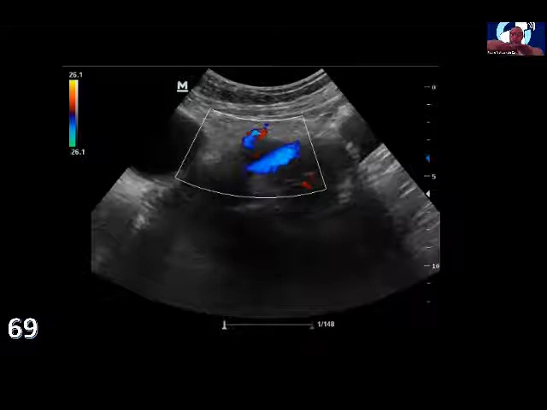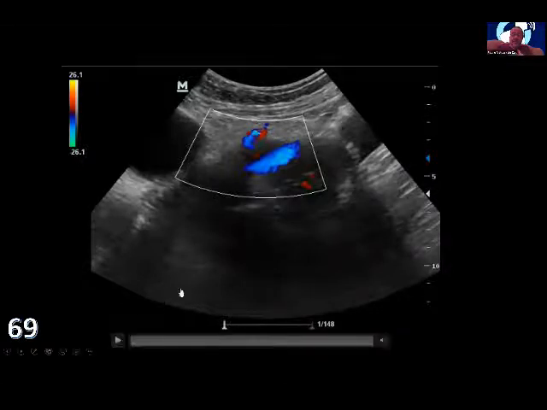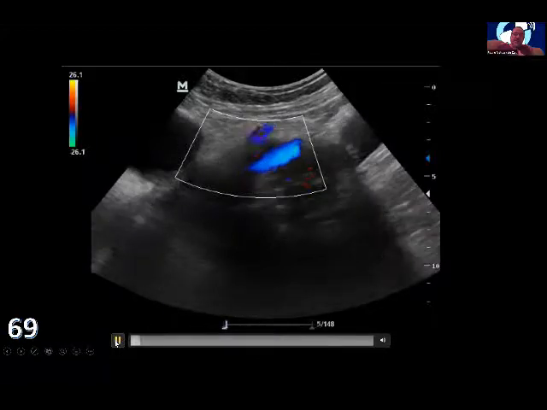But we must rule out ovary versus something else. Here on the static view, we can see the bladder, the uterus, iliac blood vessels, and the mass. Let's see the video.